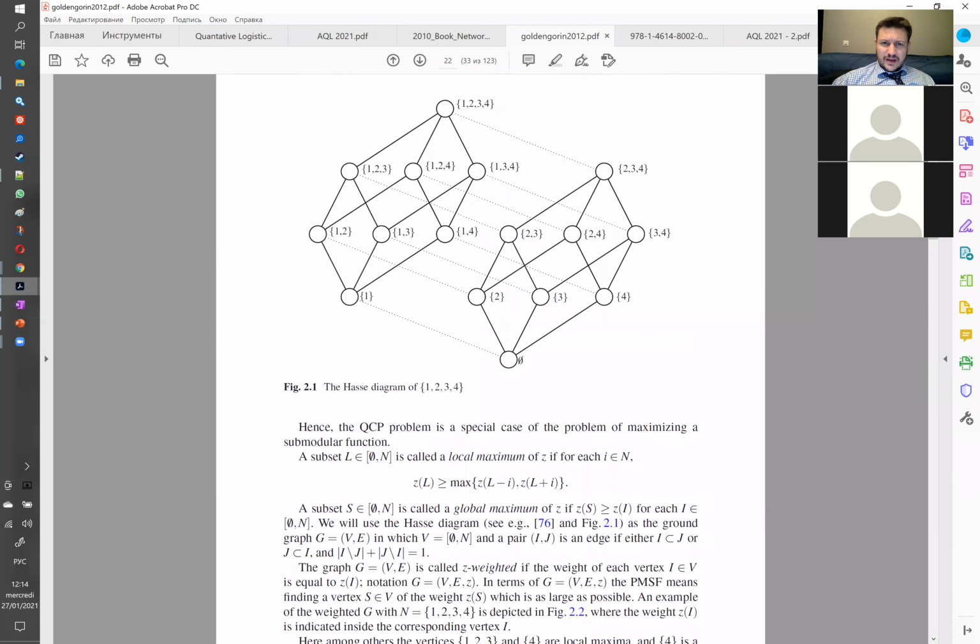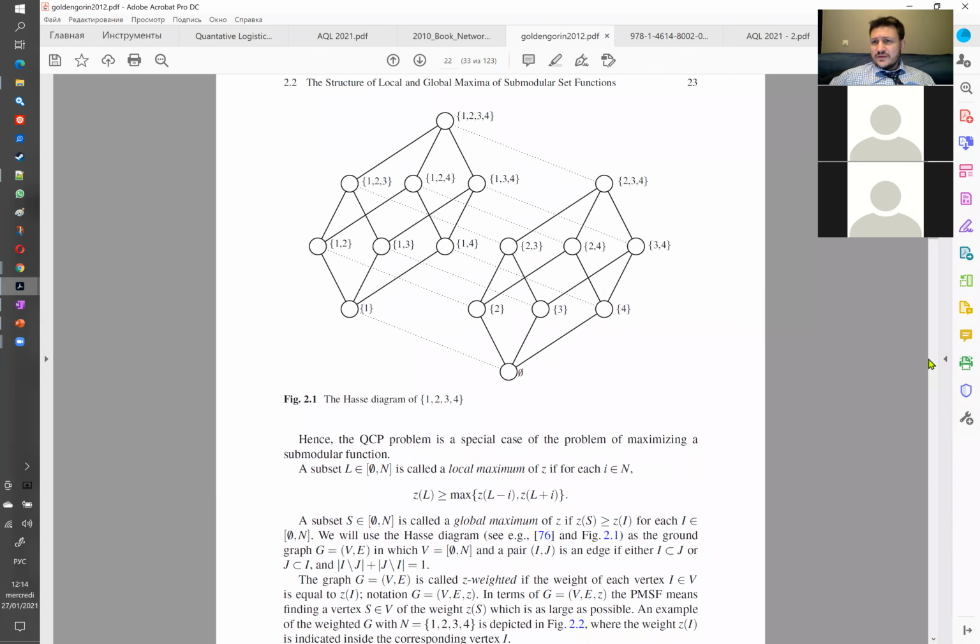But right now you can check that every two nodes differ in just one member. So these two: this one has two and this one hasn't, but all others are the same.